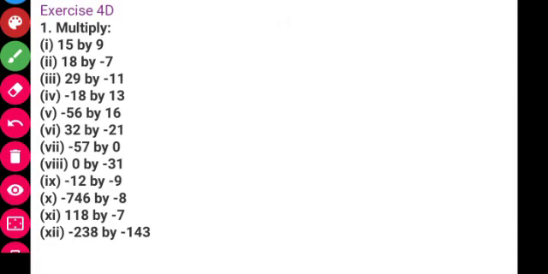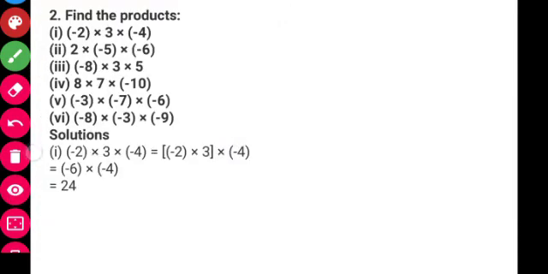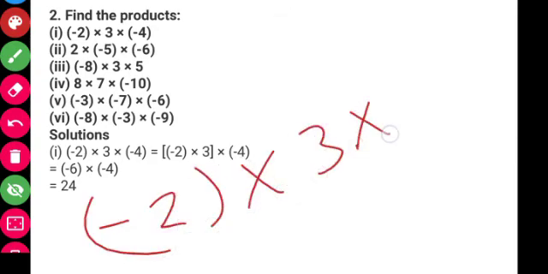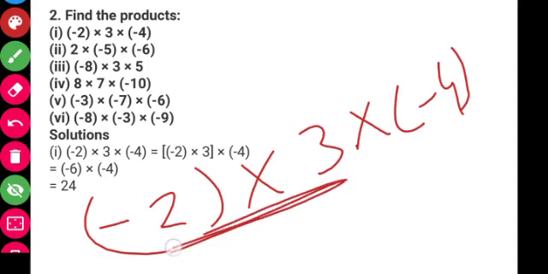Now come to the next question. Question number 2 is given, find the product. Here minus 2 into 3 into minus 4. First you multiply two integers together.